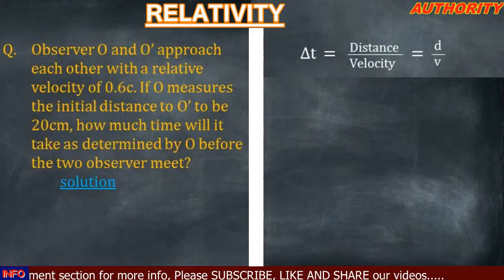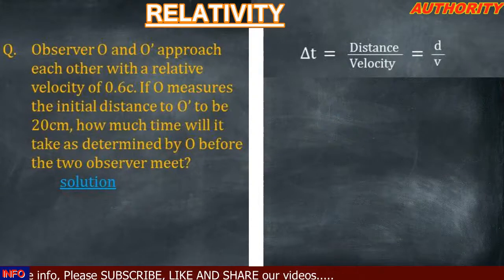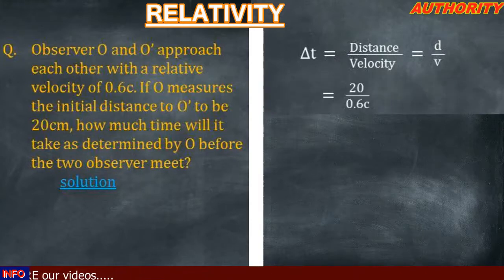So here, based on the information given to us, we have the distance and we have the velocity, right? So we're going to say it's equal to d all over v. And then we have our distance to be 20 all over the velocity, which is 0.6 c, right? Good. Now, what is c? c is the speed of light.